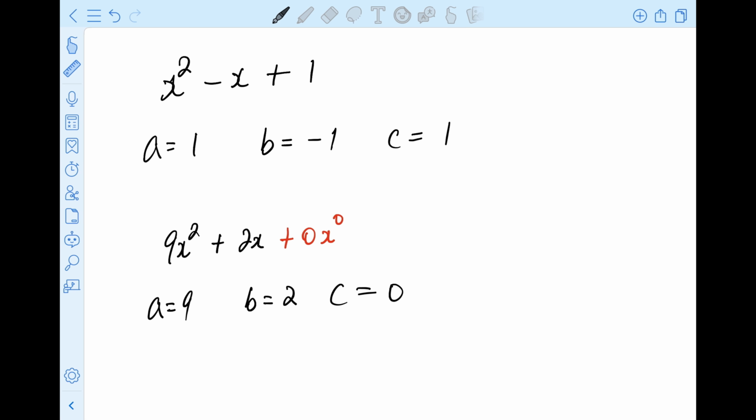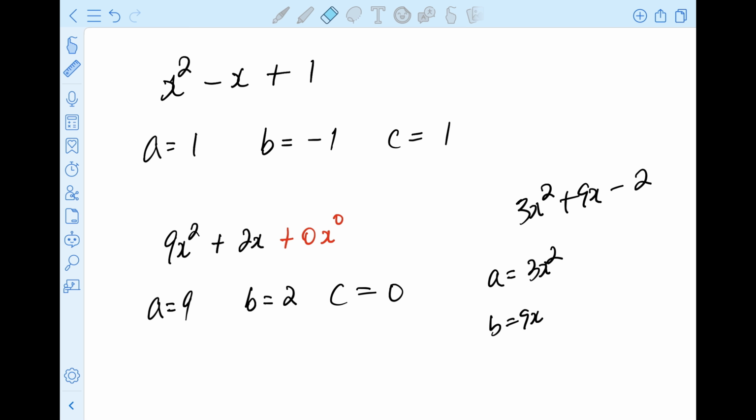the coefficient, the number that's multiplying the variable, because sometimes we are tempted to include the variable, right? So if I say 3x squared plus 9x minus 2, some people say a is equal to 3x squared, right? And b is equal to 9x.